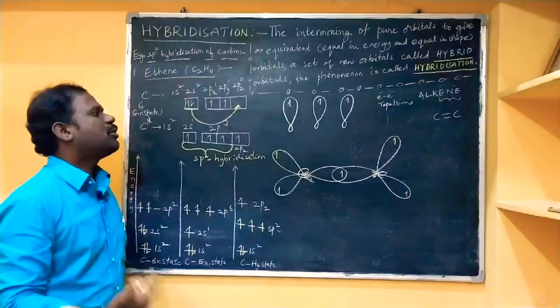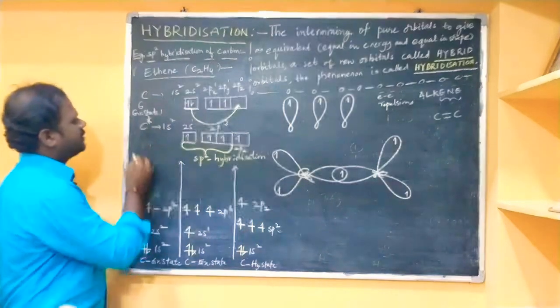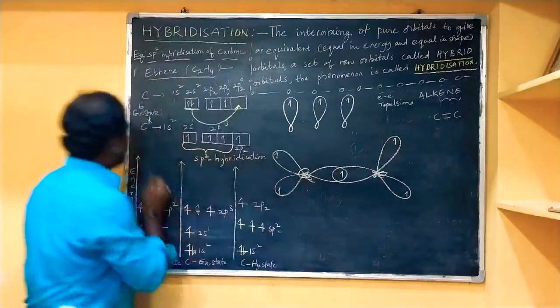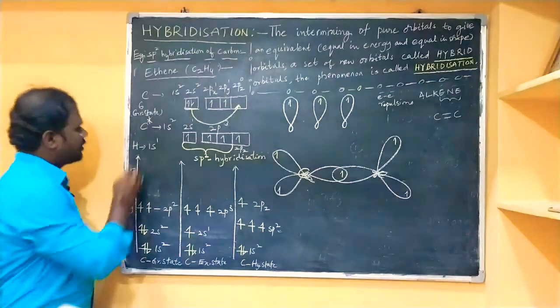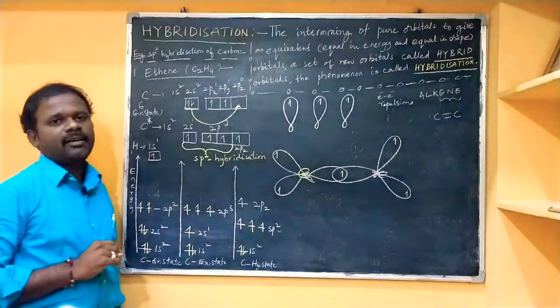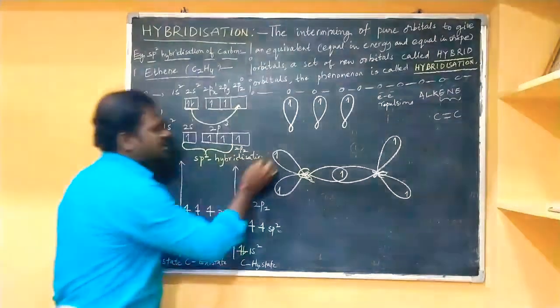So they are going to bond with the hydrogen. What is the hydrogen's electronic configuration? It is 1s1 because the atomic number is 1. What is the shape of the s orbital?